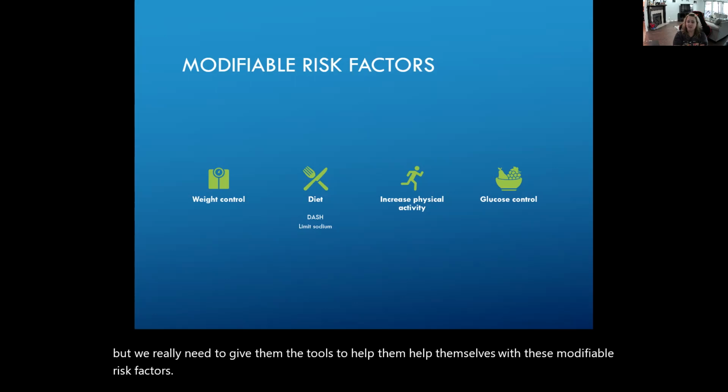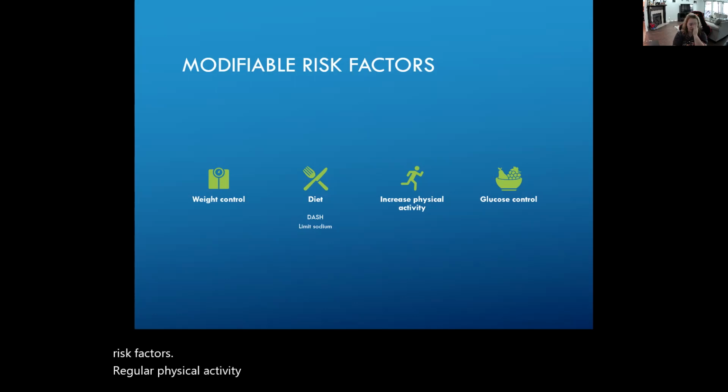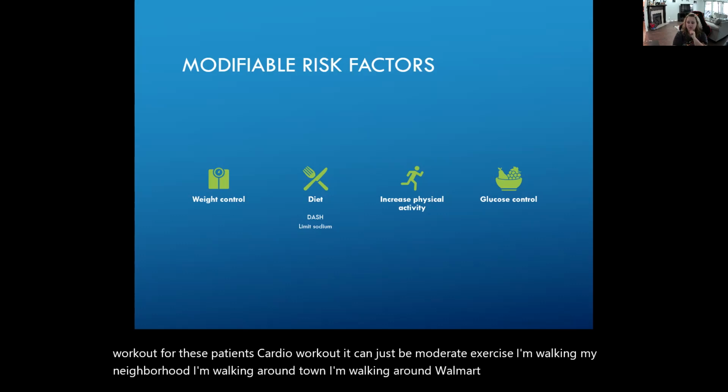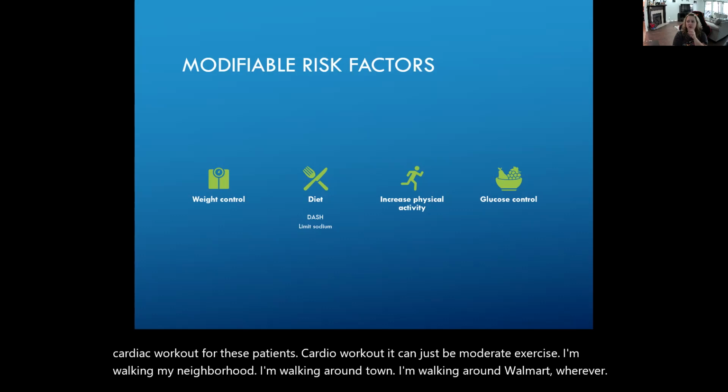Regular physical activity, so walking. It doesn't have to be some huge high intensity cardio workout for these patients. It can just be moderate exercise. I'm walking my neighborhood, I'm walking around town, I'm walking around Walmart, wherever. 30 minutes a day.